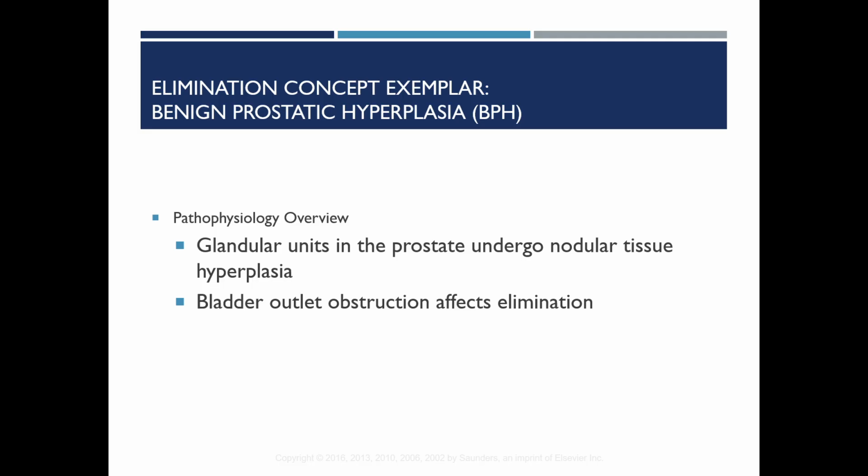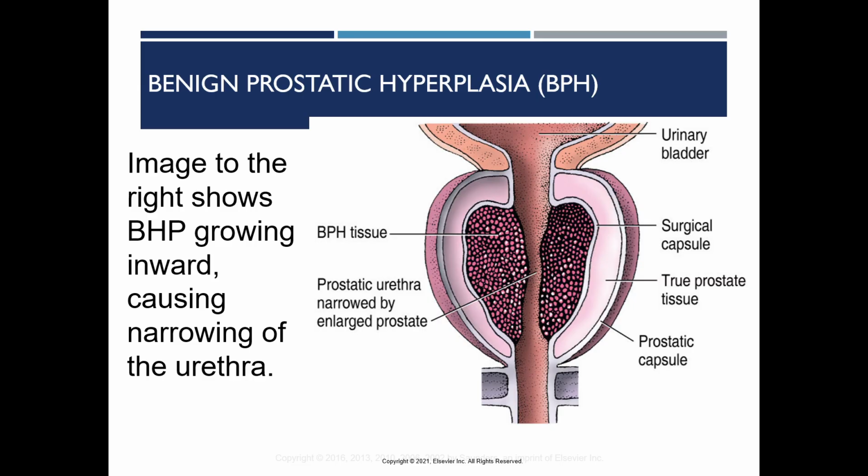As that prostate gland enlarges, it grows upward and inward into the bladder, and it causes obstruction because it's putting pressure on the urethra. The obstructed elimination can cause lower urinary tract symptoms, which include urinary retention, urinary leaking, incontinence, and also infection.